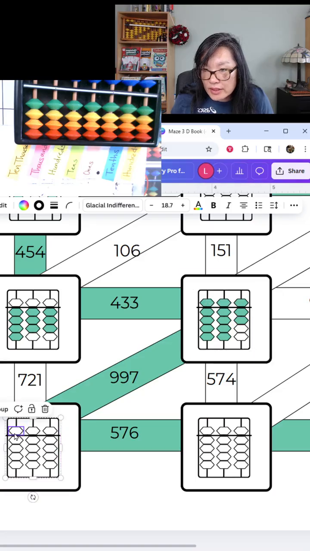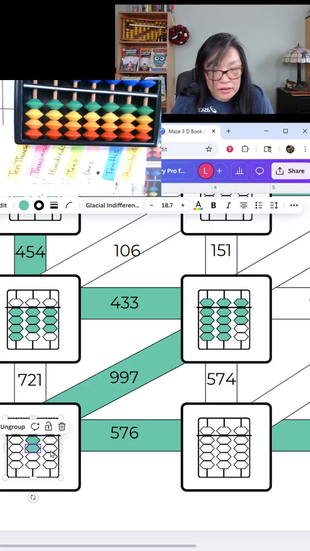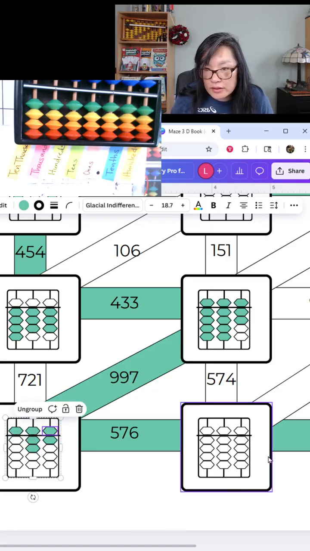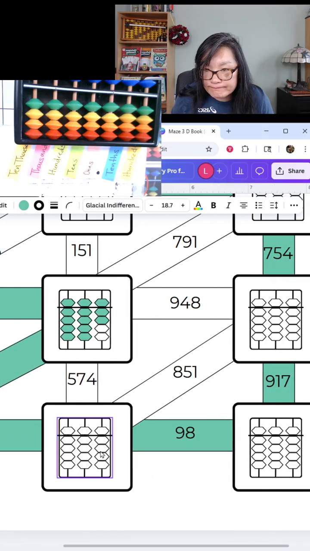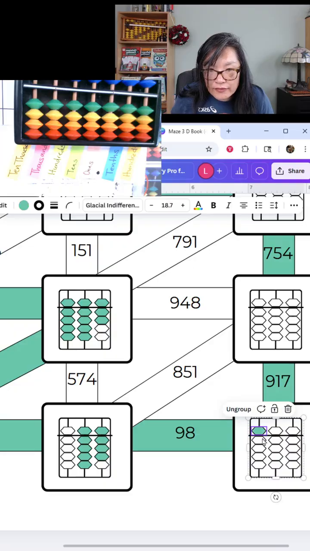That's this, and then we're here, and then we are here, and then we're here. 90, 5, 6, 7, 8, and then 900, 5, 6, 7, 8, 9. We have 7, 1, 2, 5, 6, 7, and then 1.